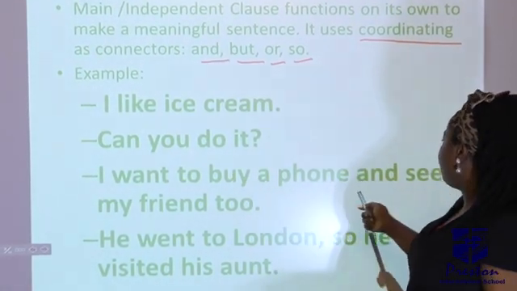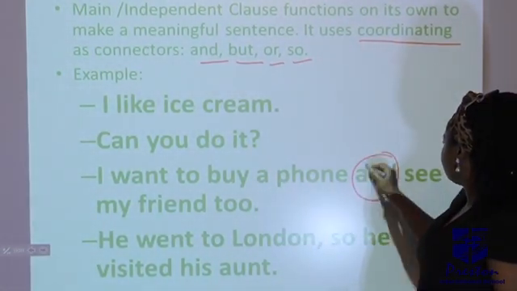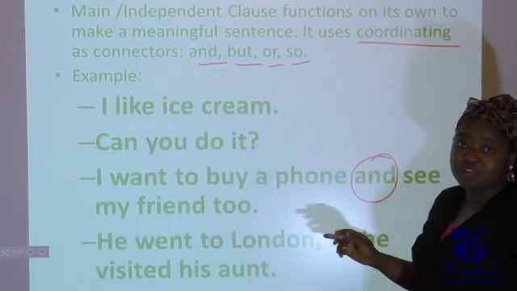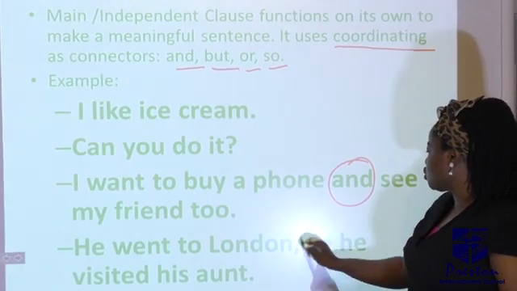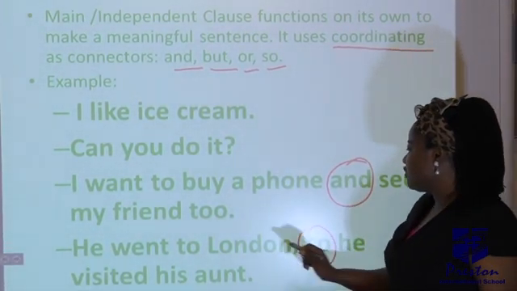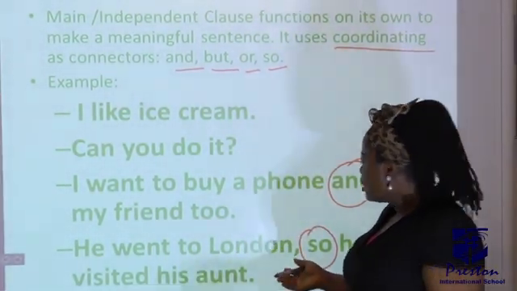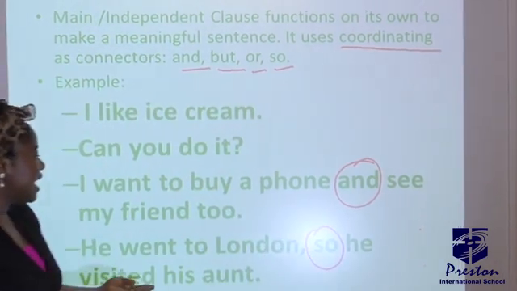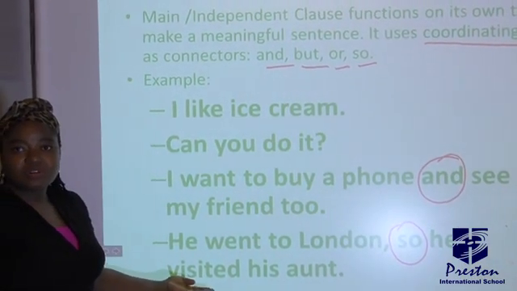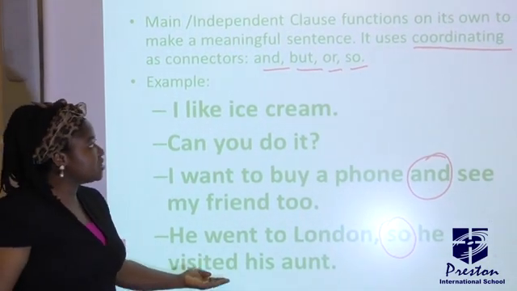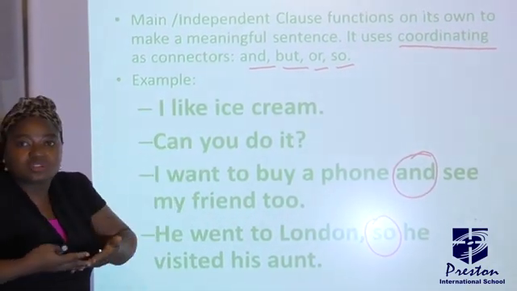I want to buy a phone and see my friend too. He went to London, so he visited his aunt. These two clauses have equal weight. That's why we say they are coordinating conjunctions.